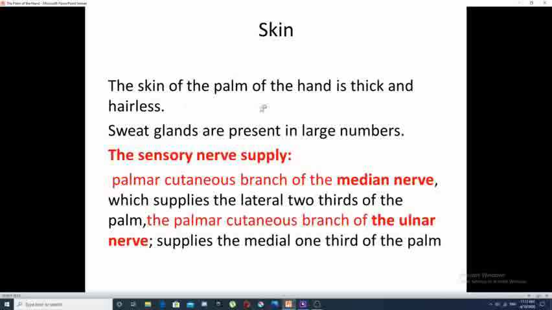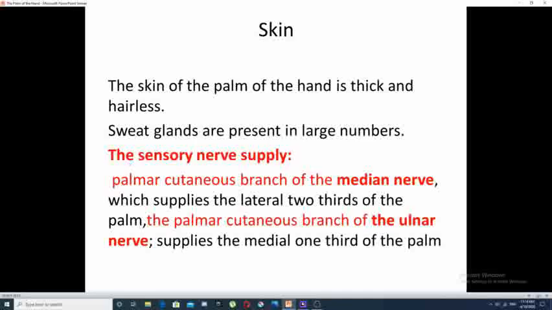Skin of the palm of the hand is thick and hairless, with sweat glands present in large number. Sensory nerve supply to the skin of the palm of the hand is derived from two main nerves.